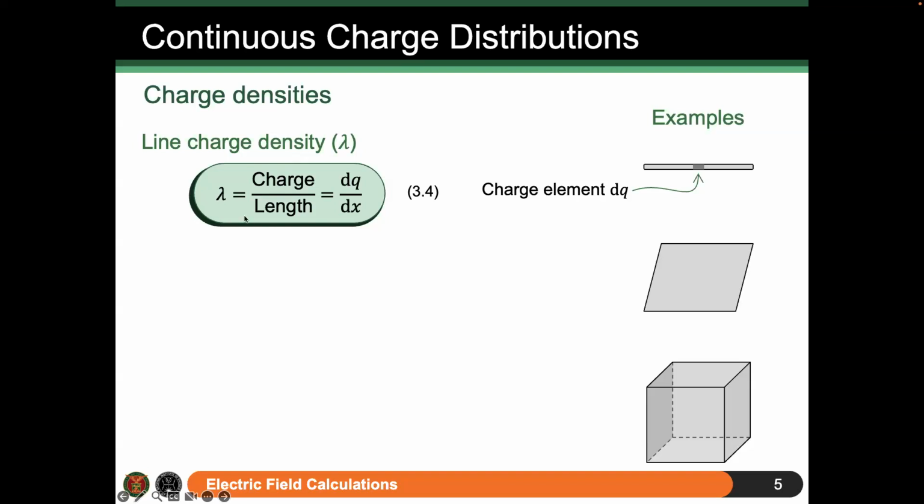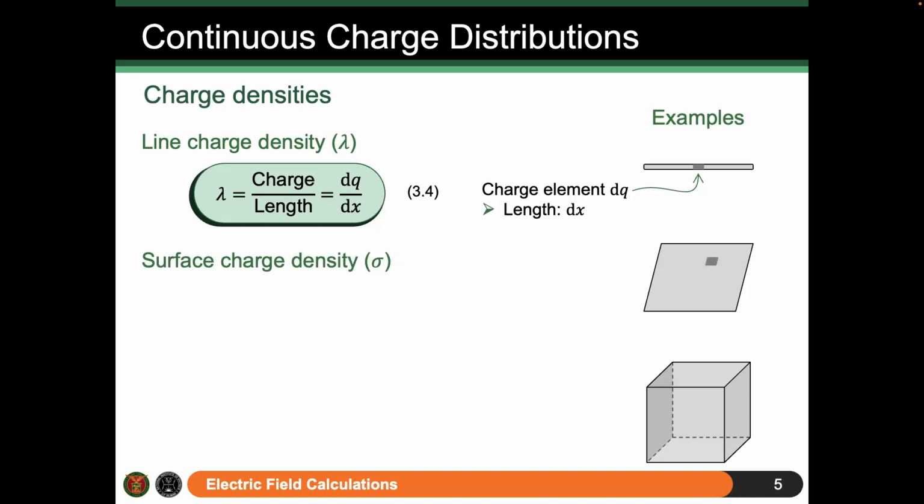The line charge density lambda is charge per length, or infinitesimal dq per infinitesimal length. This allows us to discuss the electric field that an infinitesimal element from the system contributes.